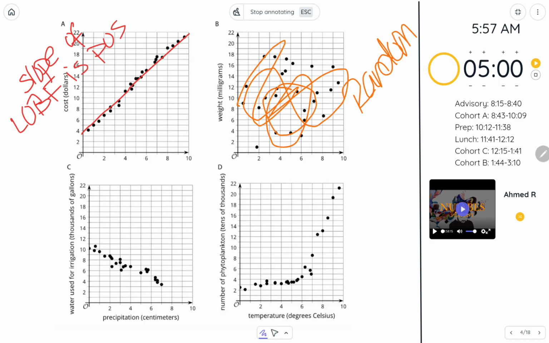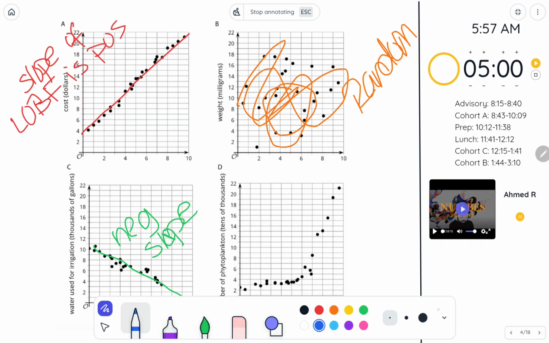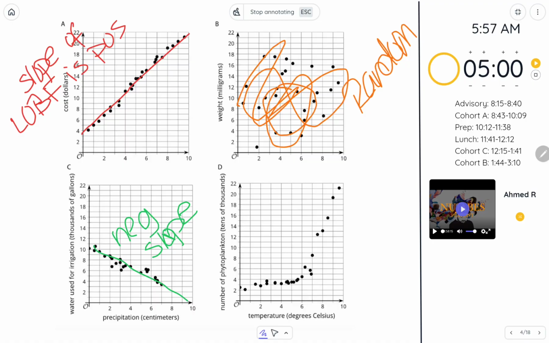For C, you might have seen that the line of best fit has a negative slope. And maybe you saw that the line of best fit for D wouldn't be a line at all. These create what we haven't learned yet. This is called an exponential function.